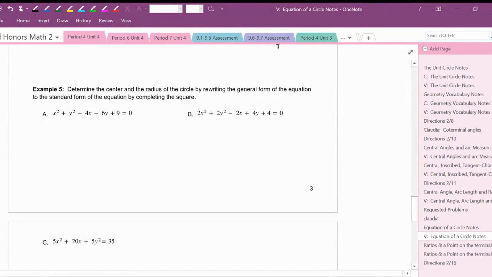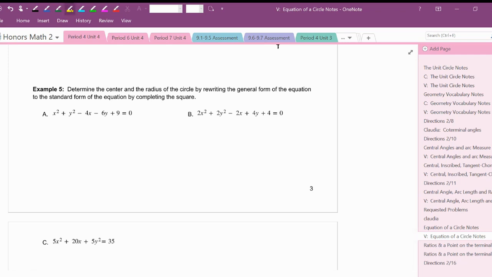All right, so now we're going to use that technique we just practiced to rewrite the general form of our circle equation into the standard form, and then we can identify the center and the radius.